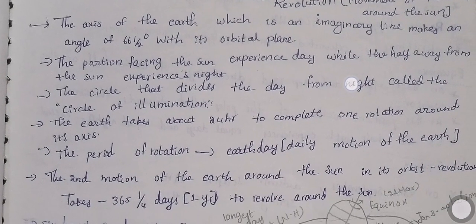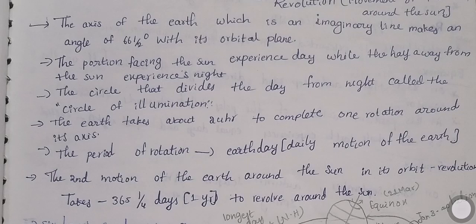Next, the portion of the earth which is facing towards the sun experiences day, and the portion which is away from the sun experiences night. There is one circle which divides day and night.